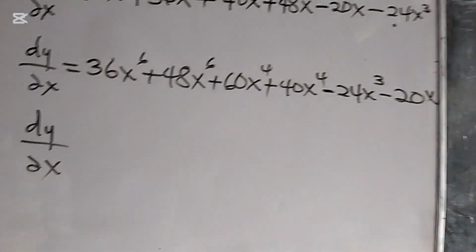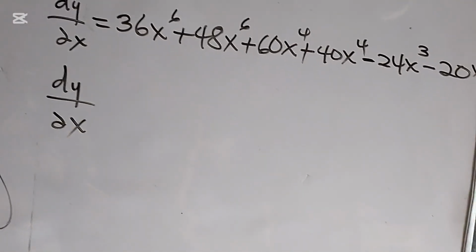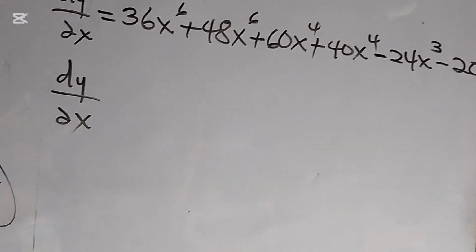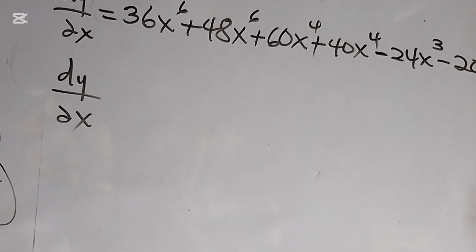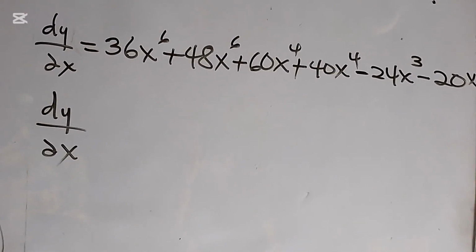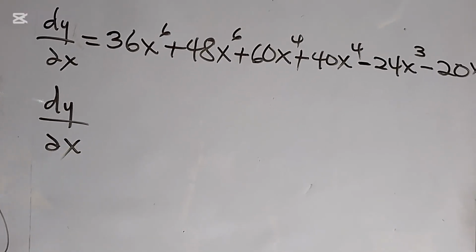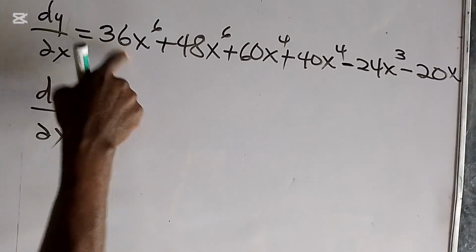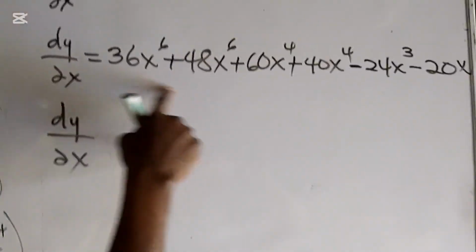So dy/dx: 36 plus 48 is 84. We have 84 here.